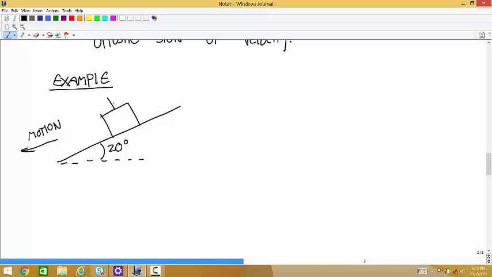And let's say there's a 1,000 Newton force pushing it into the incline. And let's say that for the material that this surface is made out of and the material the block is made out of, the coefficient of kinetic friction is 0.1. Oh, I didn't say the mass, but this is 10 kilograms.